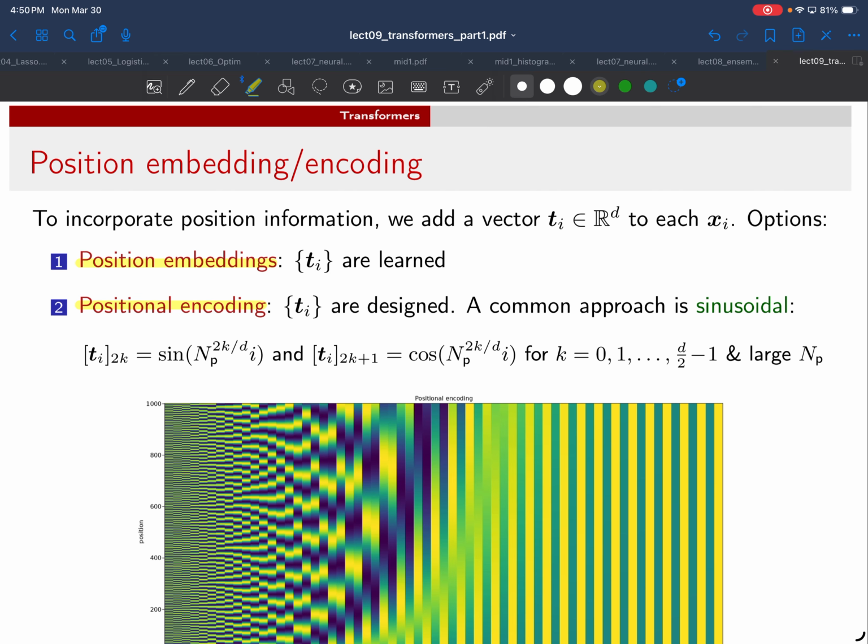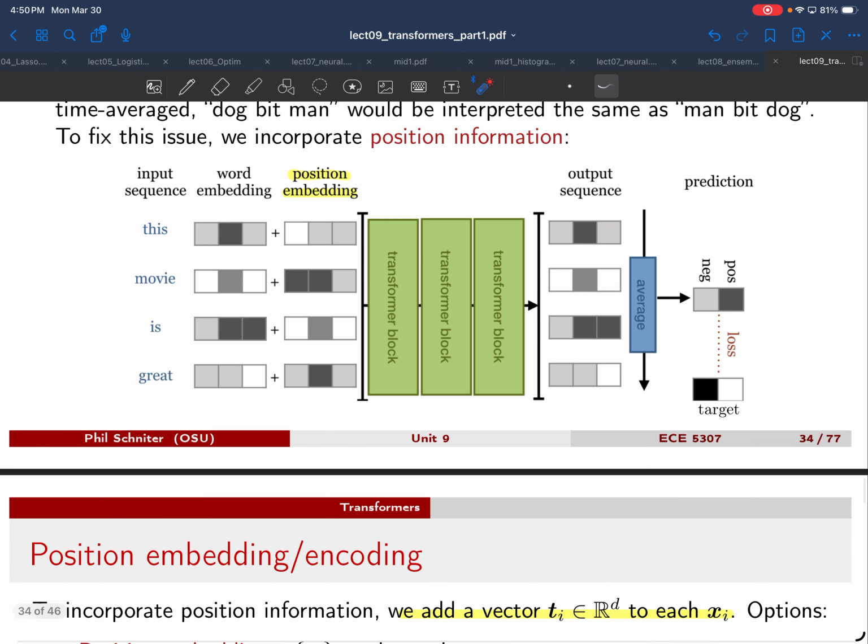You add a vector t_i to each x_i, and in position embeddings, you treat them as learned parameters. So here is our x1, this is our t1, this is our x2, t2, right? You treat these as learnable parameters and you learn them to minimize your cross-entropy loss.